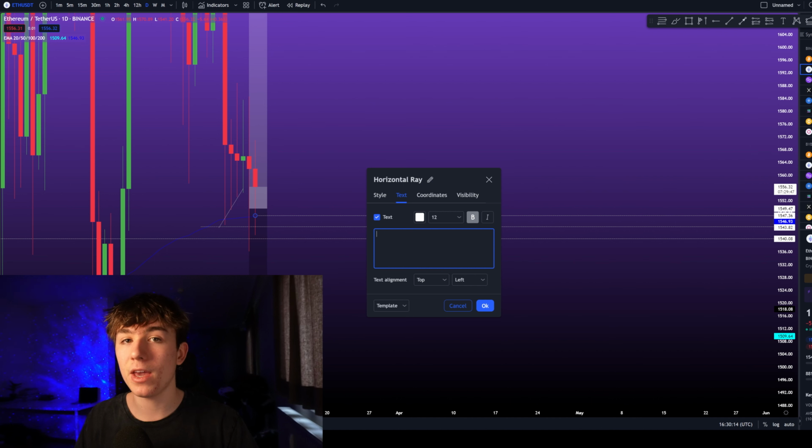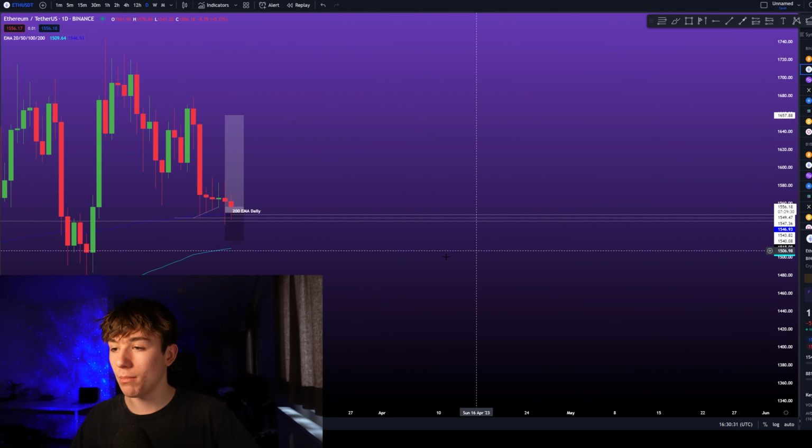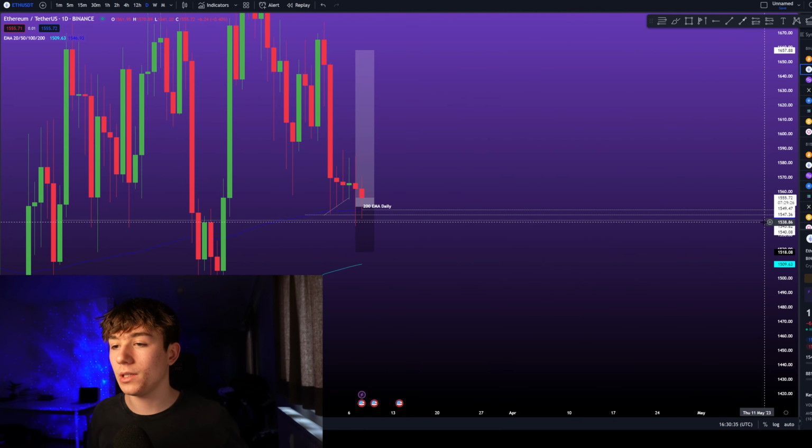Say which MA or EMA this is and on which time frame, because then you can see if this is really a strong one or not. In this case, it's the 200 EMA on the daily time frame. So now you know what this level is for. So this is my trade. I don't know if it will work out, but in my opinion, this is a very solid setup.